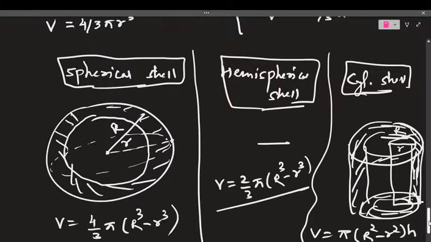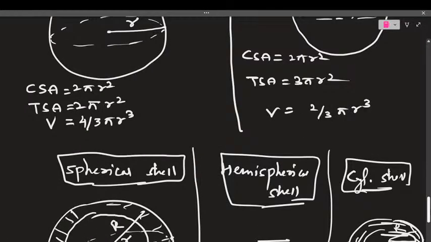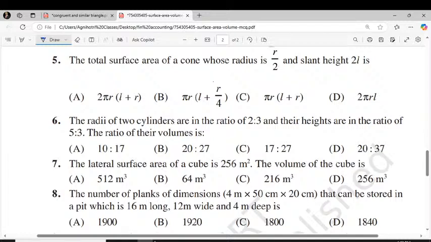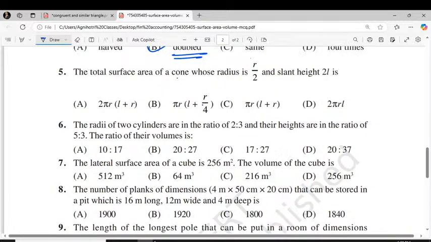That's why I have helped you with these 6 basic formulas: cube, cuboid, then cone, cylinder, and then sphere, hemisphere. We are making use of these formulas in these questions. Here we are making use of the cone.